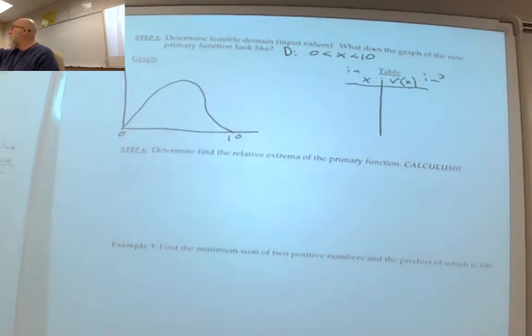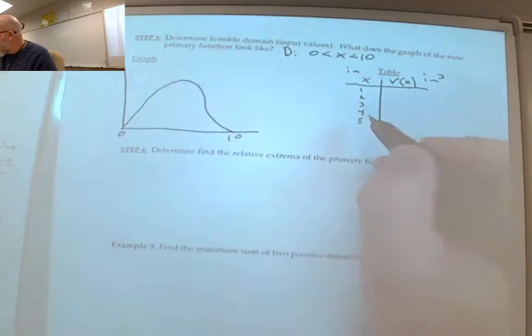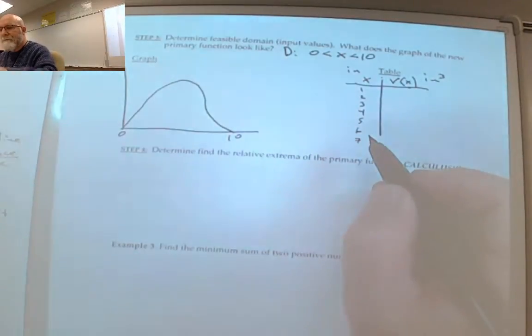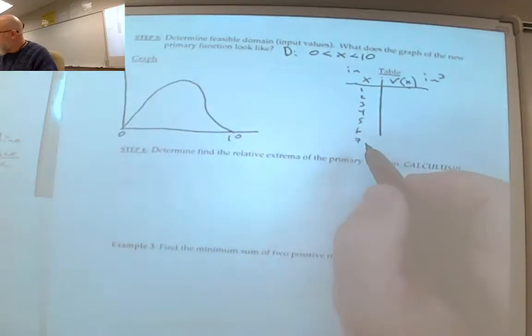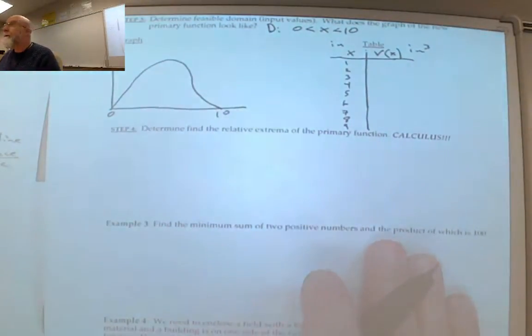So it's going to be inches cubed. Does everybody understand that? Okay. And then I'm going to put some numbers in here. Now, does everybody understand why I don't put 0 and 10 in there? Because those values are what? 0.